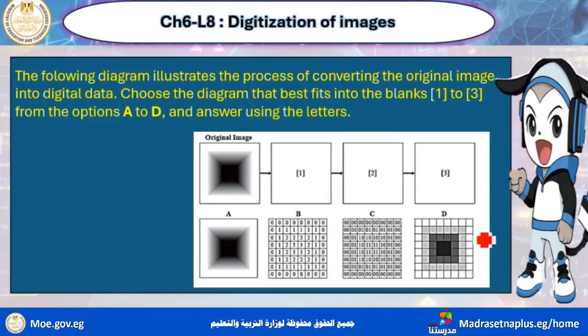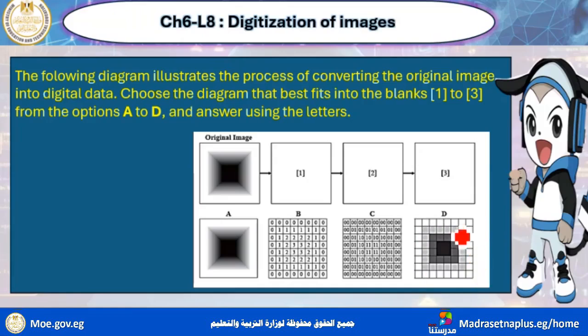No. We first make a sampling step, which is dividing the original image into a group of evenly sized squares. Each of them is called a pixel. So the first step is D, which is sampling.